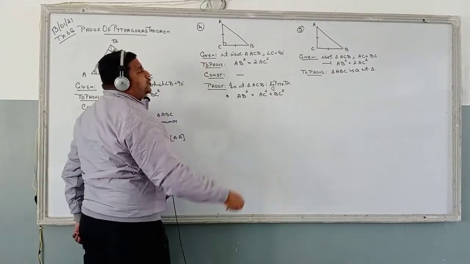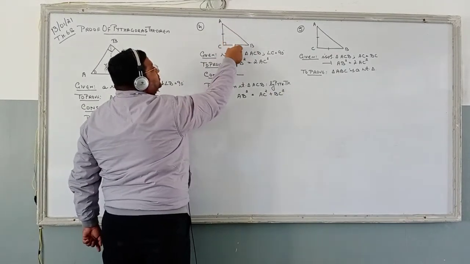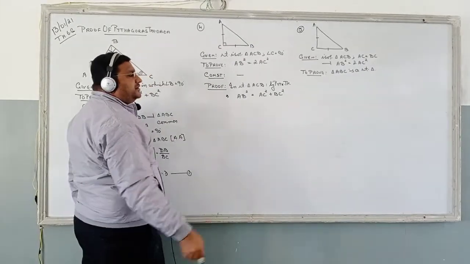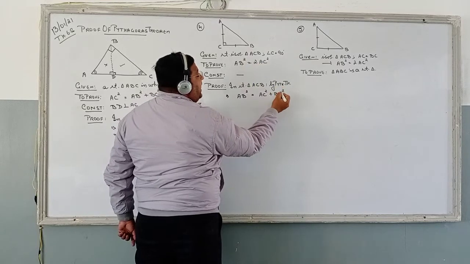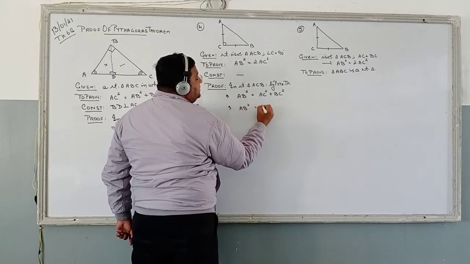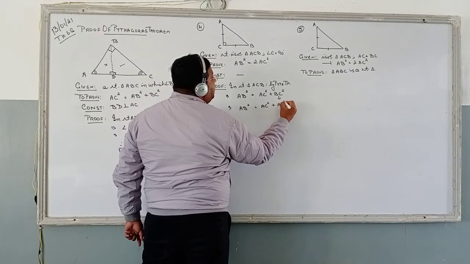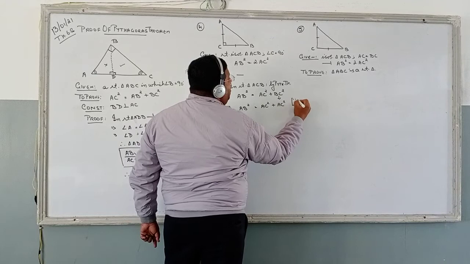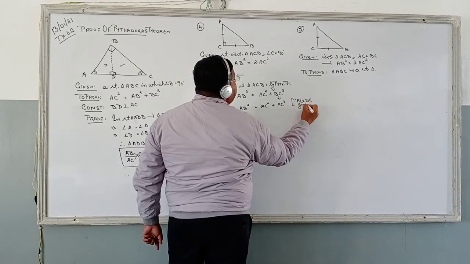Yes or no? Square of the hypotenuse is equal to sum of the square of the other two sides. And we want twice of AC square. Can we replace this BC? AB square is equal to AC square plus, in place of BC we are writing AC square. Why? Because AC is equal to BC given to us in the question.